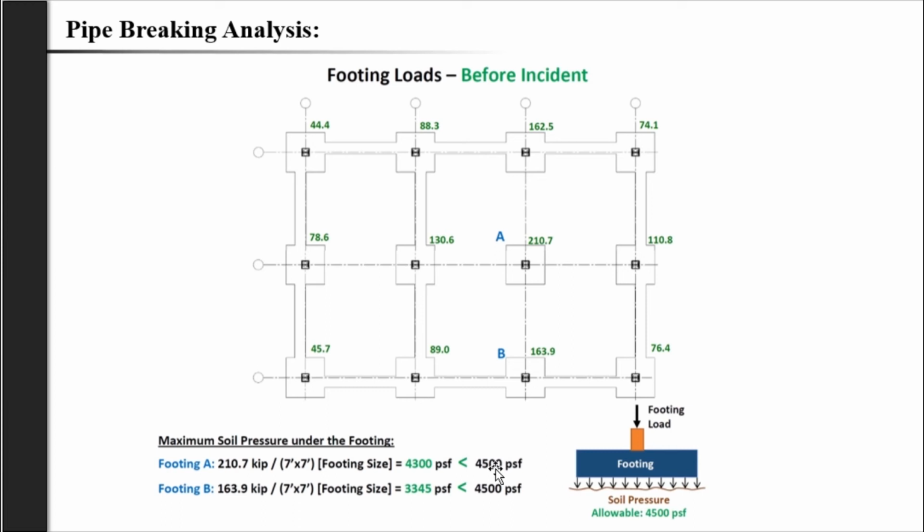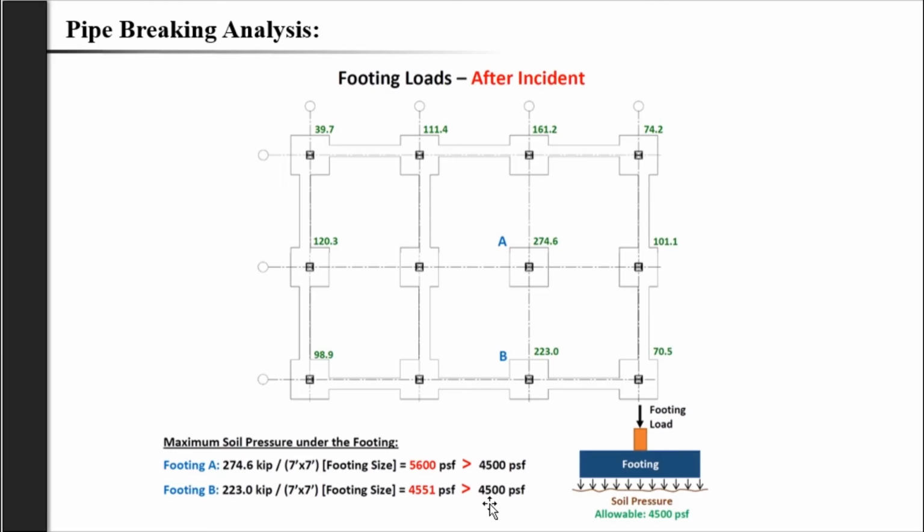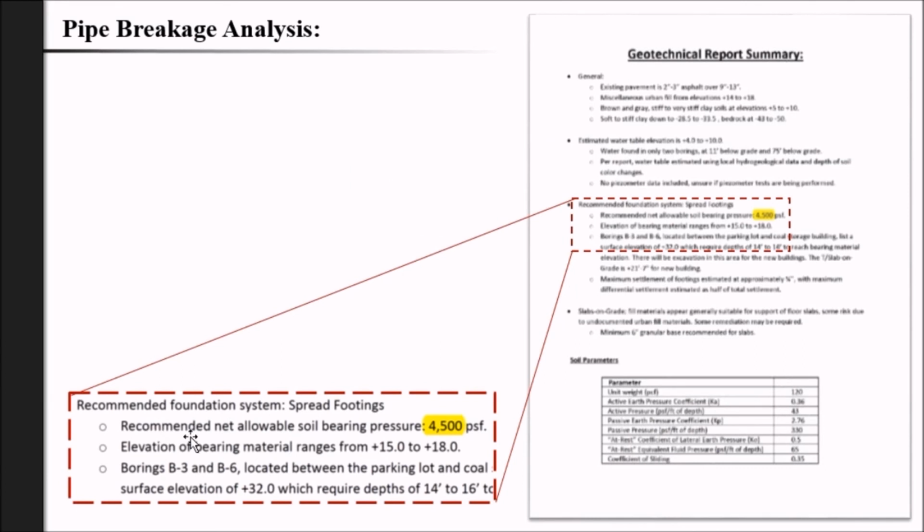According to this analysis, we can deduce that the settlement of the footing from this building before the fire incident was very unlikely. When these two columns buckled as a direct result from the fire incident, according to the analysis result, we get 5,600 pounds per square foot as the pressure on the soil under column A and 4,551 pounds per square foot as the pressure on the soil under column B, both higher than 4,500 pounds per square foot, which is the recommended soil bearing pressure according to our geotechnical report.